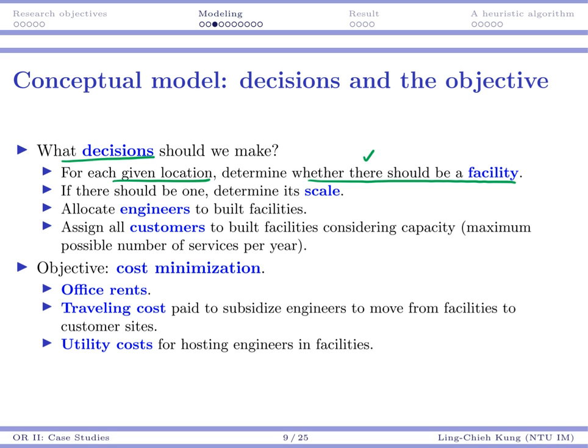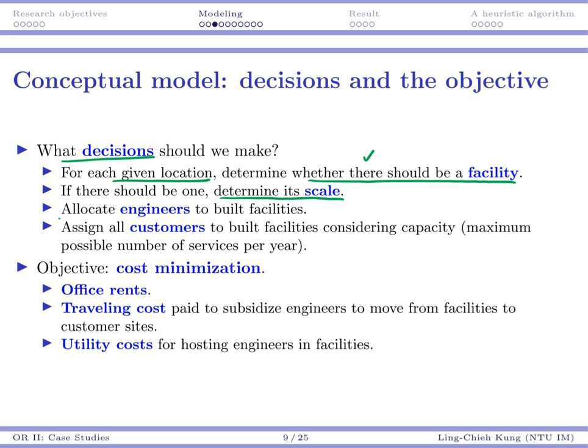Plus, for that particular case study, we actually may determine the scale level. So we may determine to build a large facility or a small facility in some sense. 2 floors, 5 floors, that has some correspondence with scale. We may determine the scale level if we want to build one.